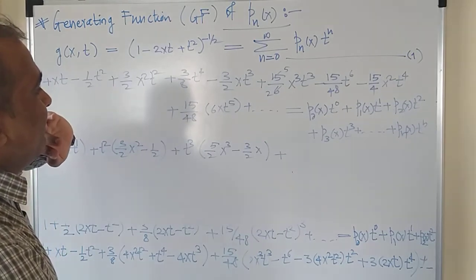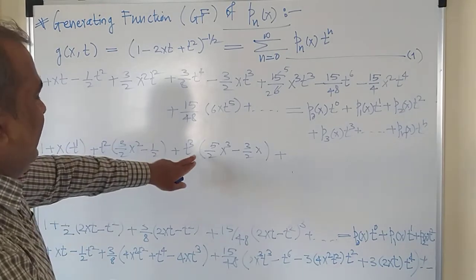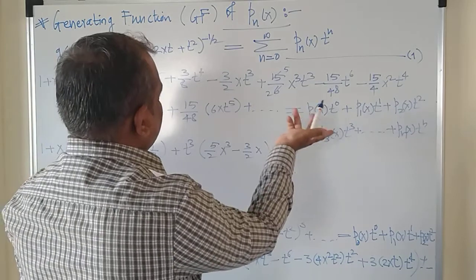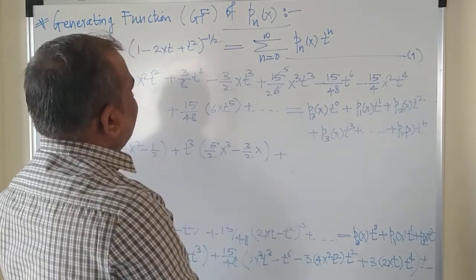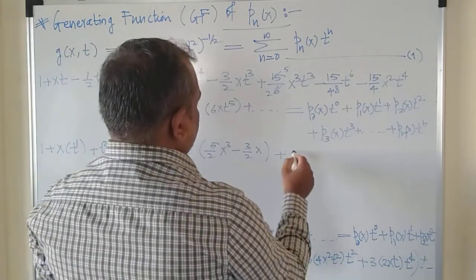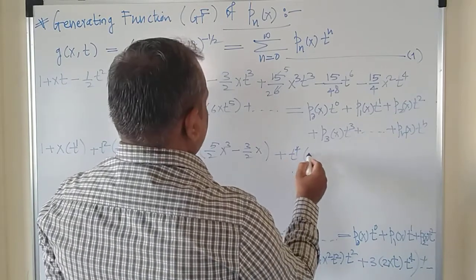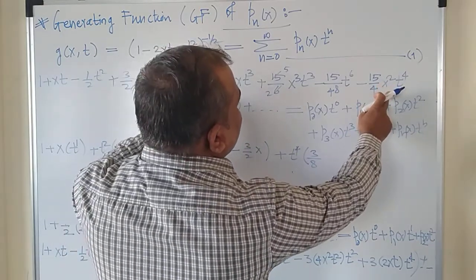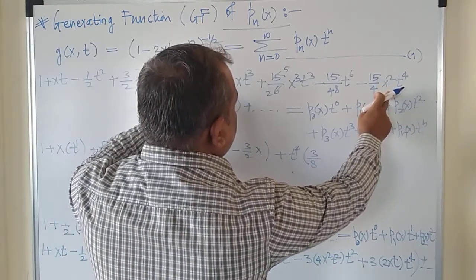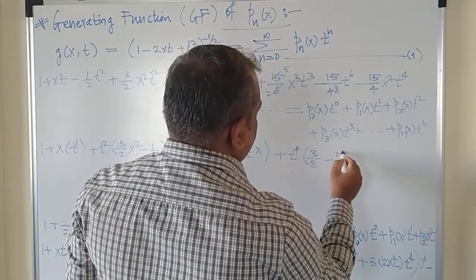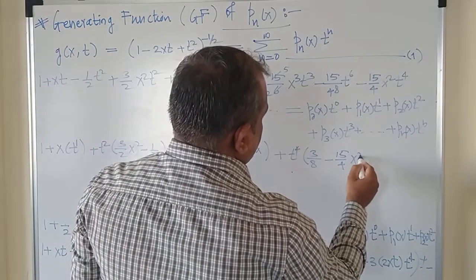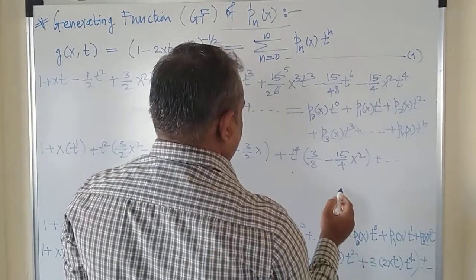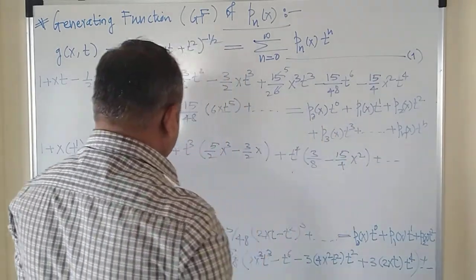I think t raised to power 3 is okay, but still we will write this. I don't know whether in the next few terms you might be having t raised to power 4. So t raised to power 4 is 3 by 8, and here you are having minus 15 by 4 x cube, x square into x square plus dot dot dot.